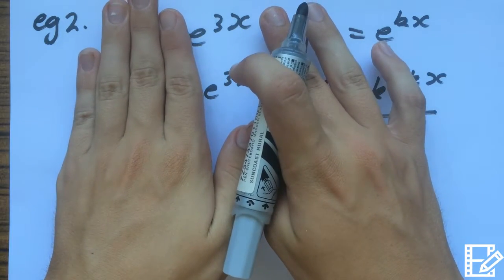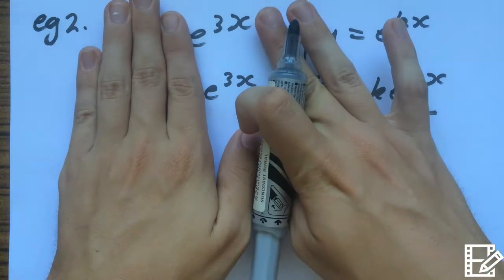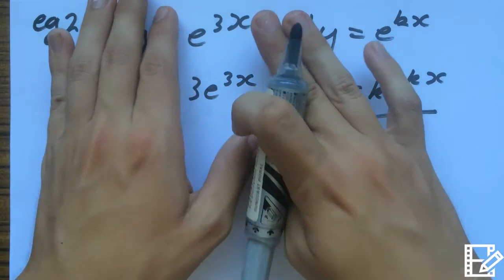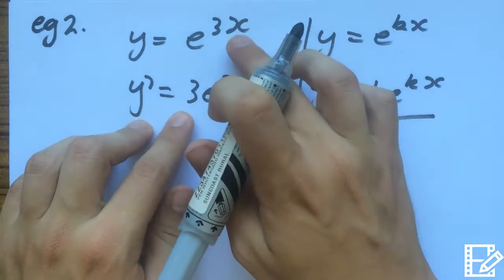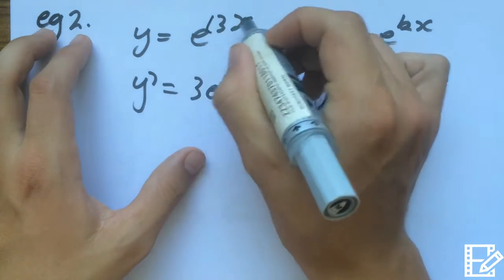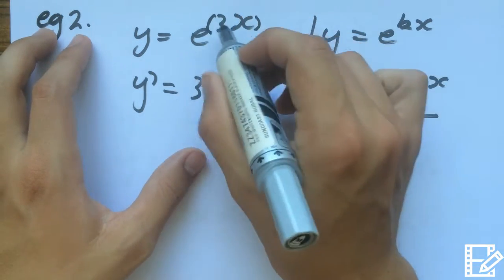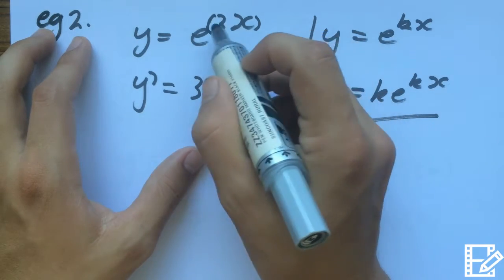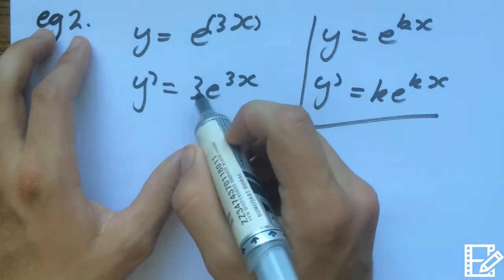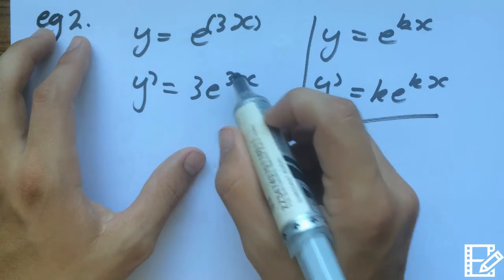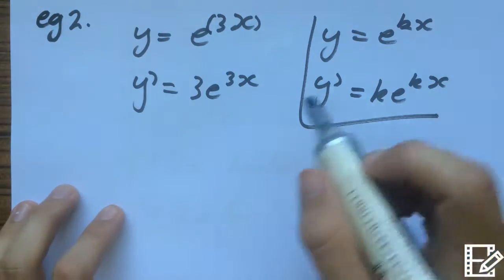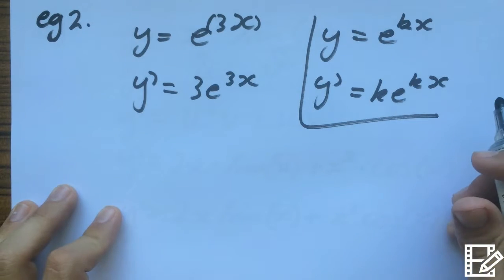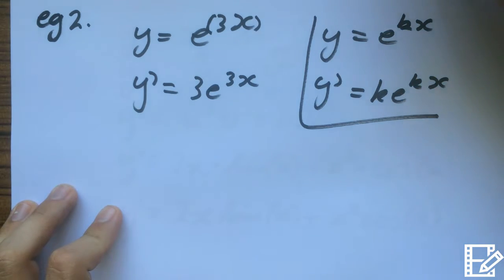That's because no matter how many times you derive it, you'll still end up with this exact same little bit added on. It's just multiplied by the derivative of this little inside bit up here. And because the derivative of 3x is 3, you end up with 3 multiplied to e^(3x), following this rule. And that's it.